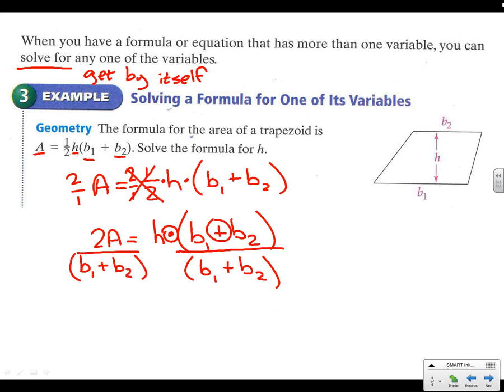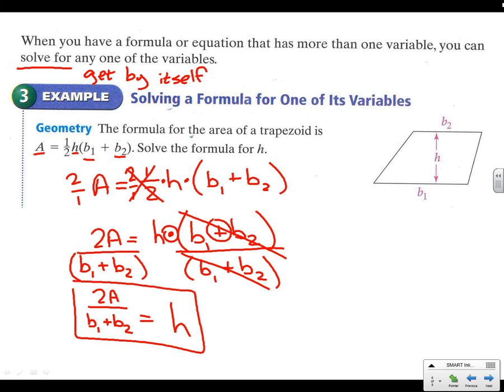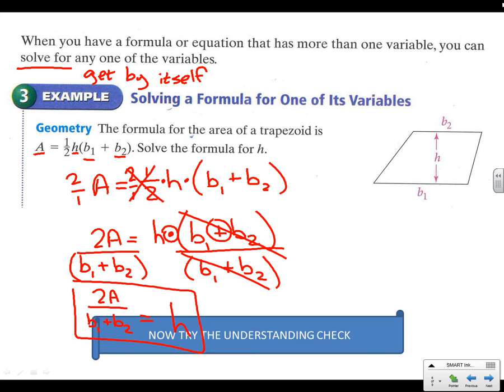Okay, so the whole parentheses will cancel out, and look at that. We have h all by itself. 2a over b1 plus b2. And that would be your answer if you were solving for h. So now your job, try to solve for one of the other variables in your understanding check.